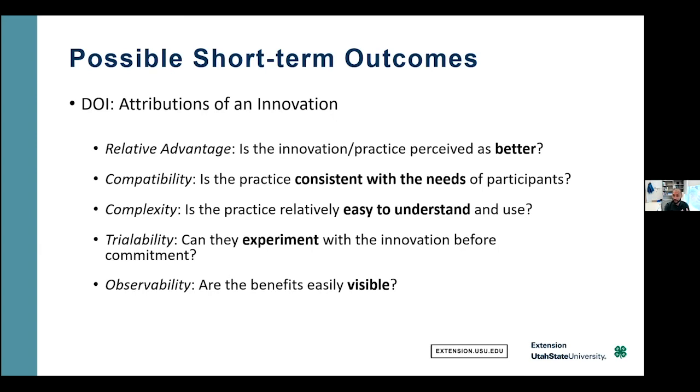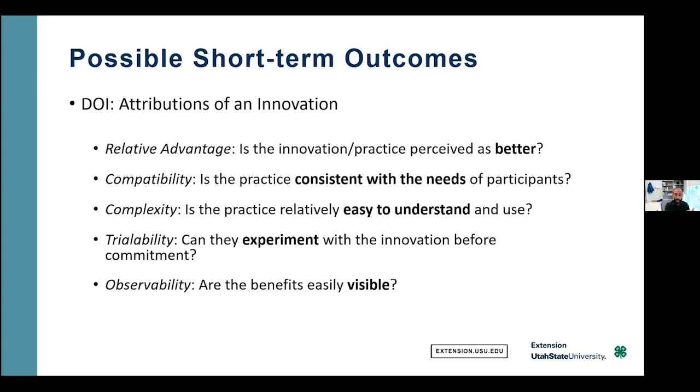So all of these things need to happen before a producer says, okay, I'm going to implement this practice on my farm. I'm going to implement this technology. I'm going to change what I'm doing right now to do this new thing or to do this thing differently because you're asking me to do this.